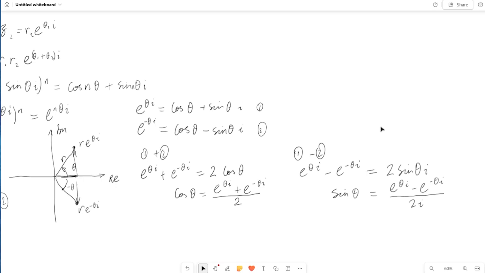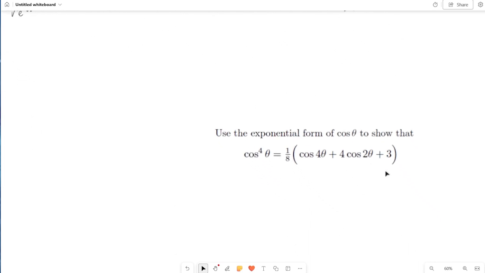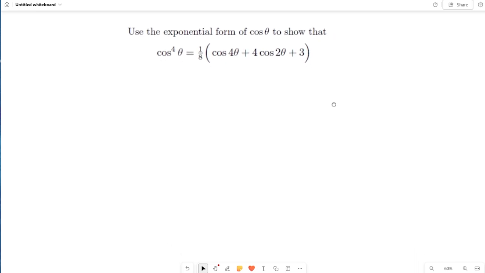Now let's have a look at how some of these relationships can be used to work on trigonometric identity problems. So, for example, let's look at the first one. It's asking us to show that cosine to the power of 4 theta is the same as 1 over 8 times cosine 4 theta plus 4 cosine 2 theta plus 3.